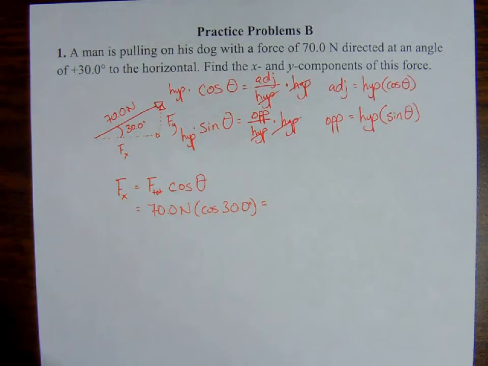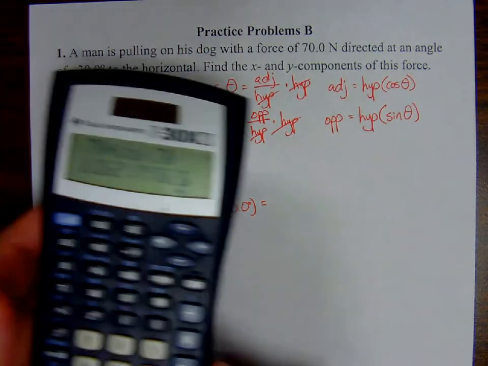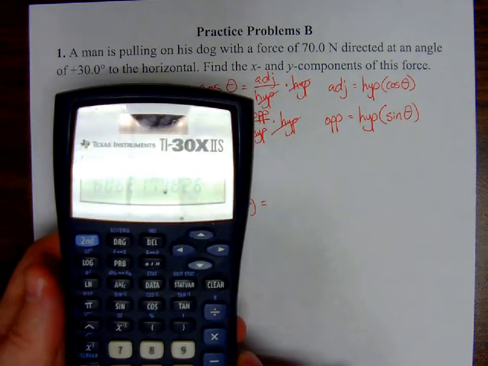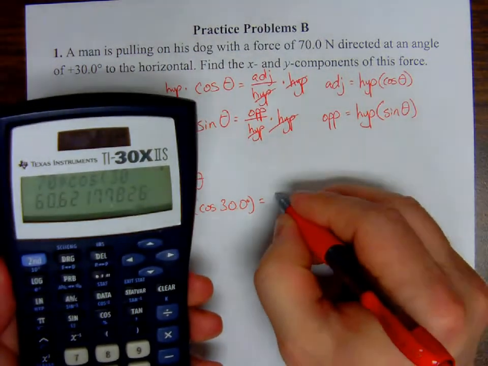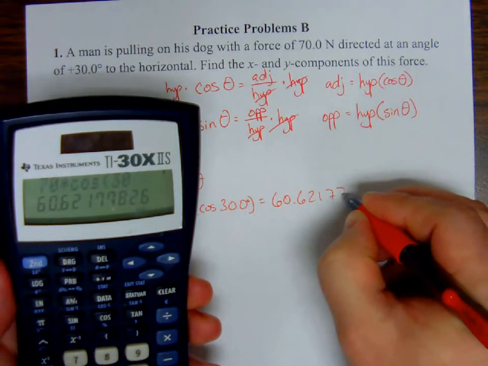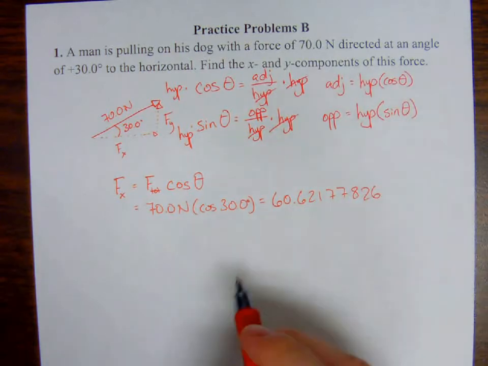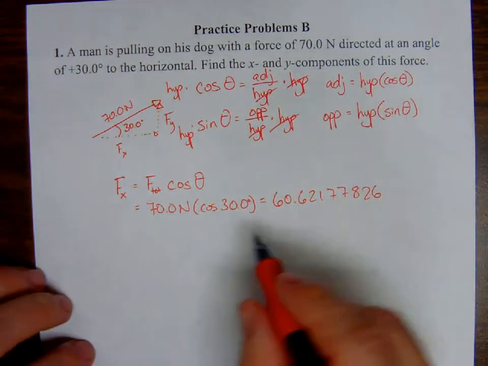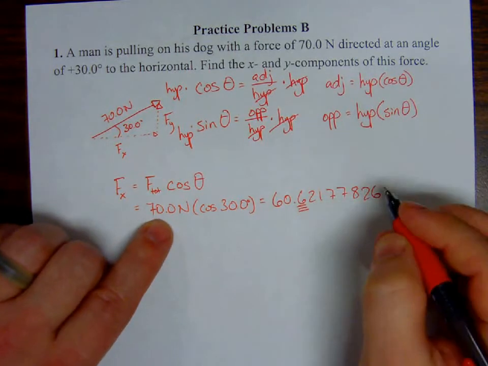Calculator tells me a whole bunch of things. But that's not the appropriate number of significant figures. I need to consider 3 sig figs for my answer, so that means right there. So my final answer for, again, the x component of the force is going to be 60.6 newtons. Okay, that's going to be the x component of that force. Now we need to do the y component for that force.